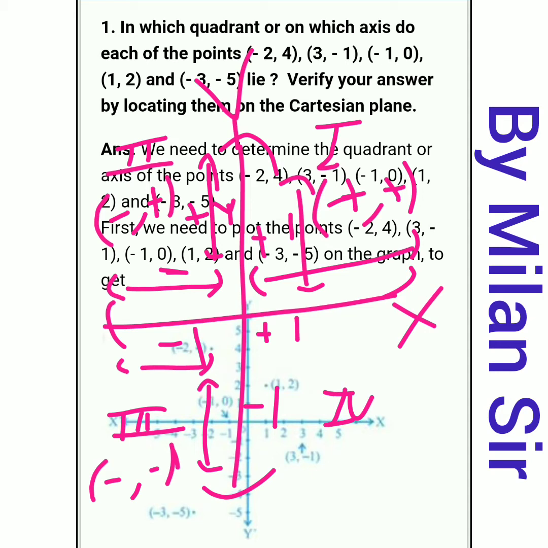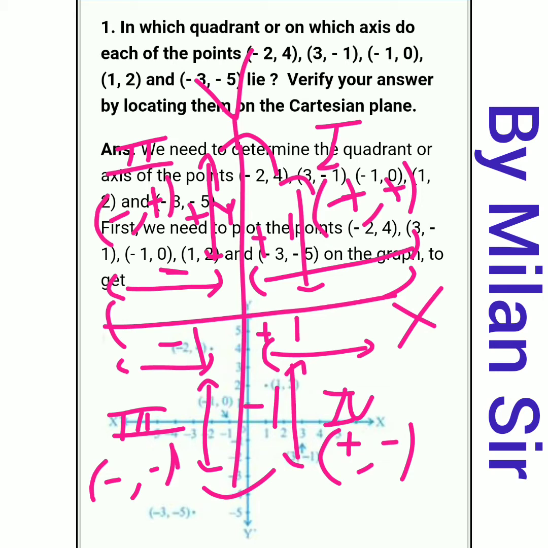And in the fourth quadrant, positive x axis is there and negative y axis is there, so the first sign is positive and the second sign is negative. So in the first quadrant plus plus, second quadrant minus plus, third quadrant minus minus, fourth quadrant plus minus.